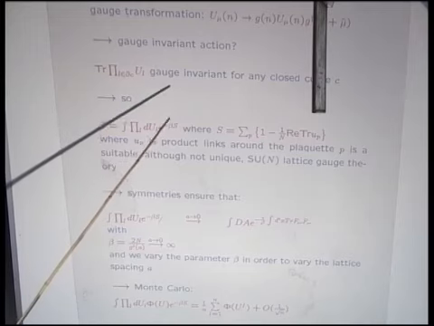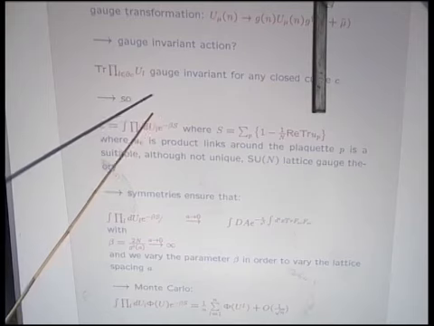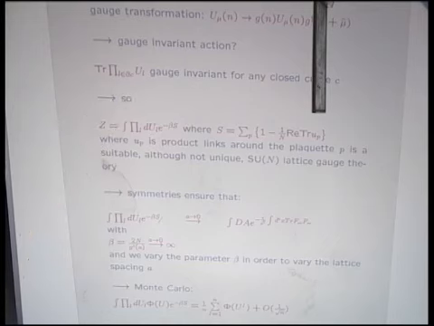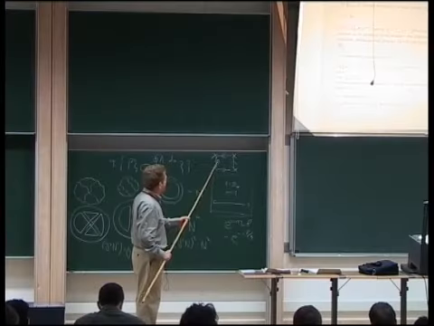So any loop will actually do, but clearly in some sense the obvious ones to use are the very smallest loops on the lattice. That is to say, you take the elementary plaquette. Here is an example of an elementary plaquette, 4 neighboring sites, and you take the product of these around here and take the trace, and that's a gauge invariant object that compares the values of the degree of freedom here with its neighbors.